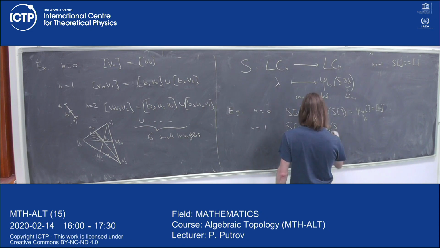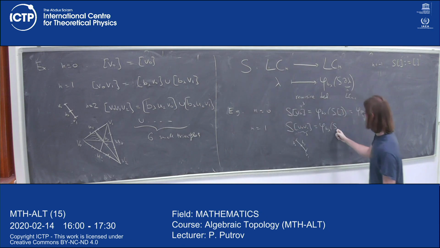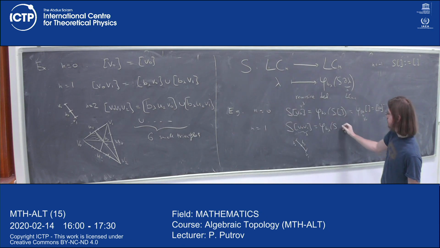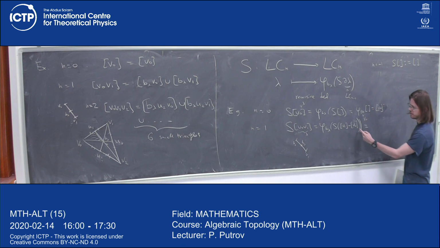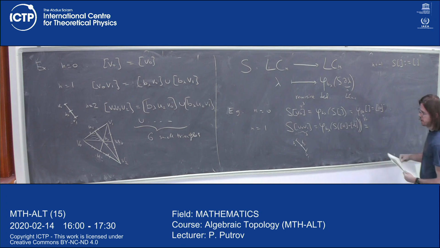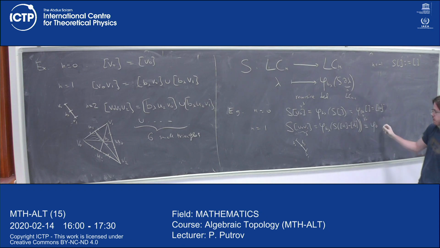And so doing a recursive definition, I use this formula: d of this is d1 minus d0. Now I already know how S acts on zero simplices, and this acts just as identity.